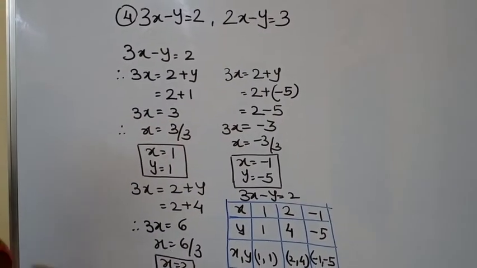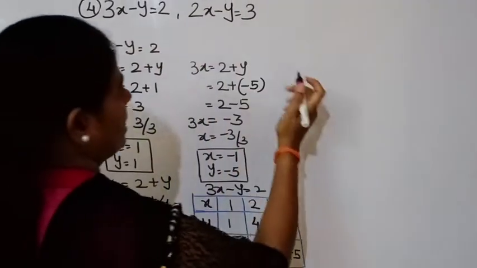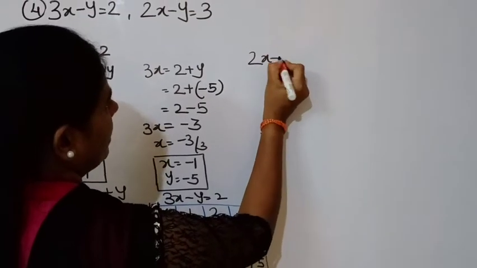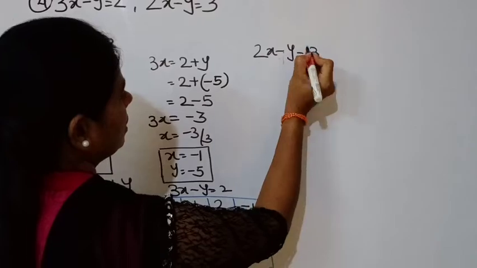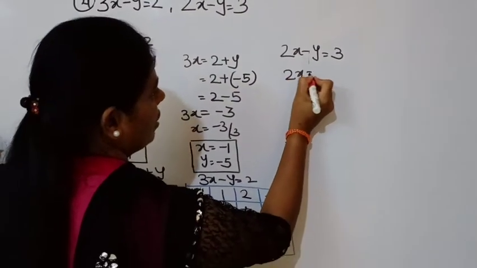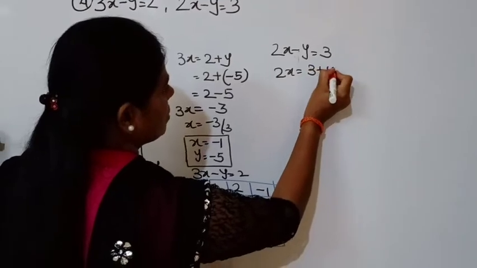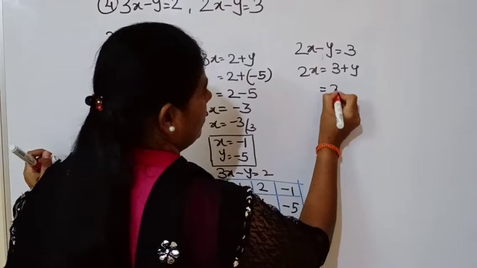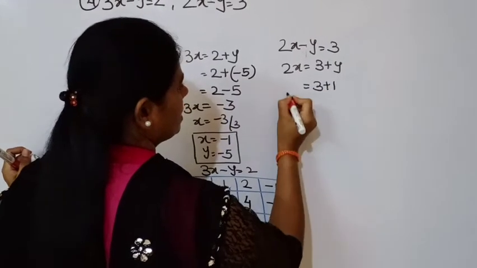Okay. Now we will take the second equation, that is 2x minus y equal to 3. Now again we will arrange the equation, that is 2x equal to 3 plus y. Okay. Now we will substitute the value of y. First of all we will take it as 1.